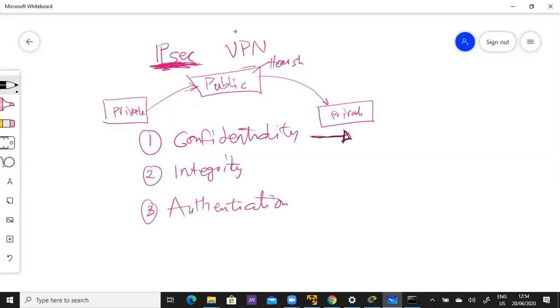And the protocol that ensures this confidentiality is something that will encrypt your data. So anytime you talk about confidentiality, you should think of data encryption. That is about confidentiality. And what are the protocols that are responsible for encryption?